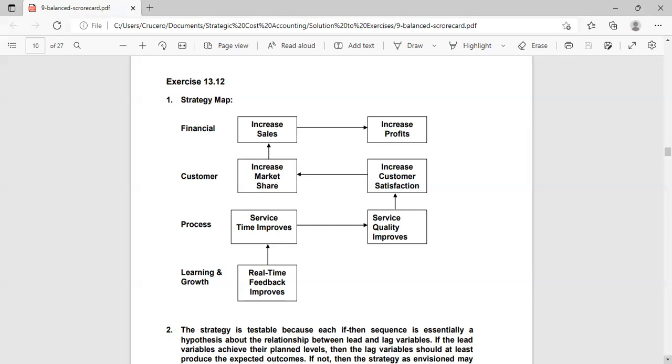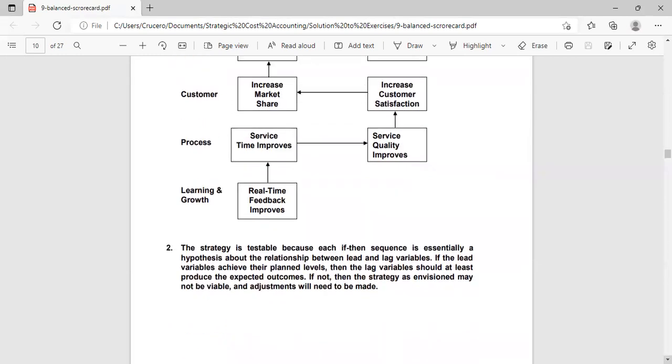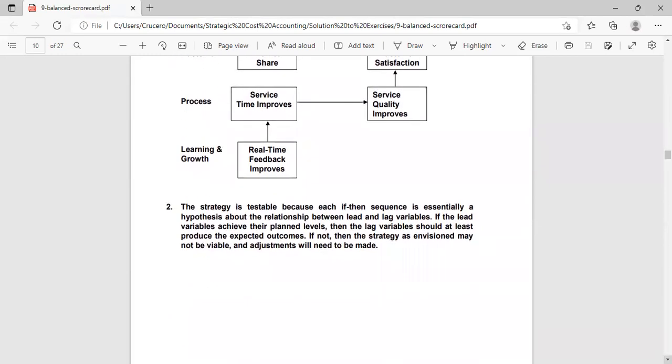Requirement number 2, explain how the quality improvement strategy can be tested. Then the strategy is testable because each if-then sequence is essentially a hypothesis about the relationships between lead and lag variables.